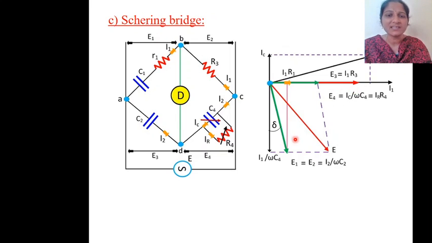The sum of E3 and E1 will give you the total voltage E. So this E is the sum of E1 and E3 and also the sum of E2 and E4. So this is about the phasor diagram. Now here delta is the angle made by the capacitor, that is C1.